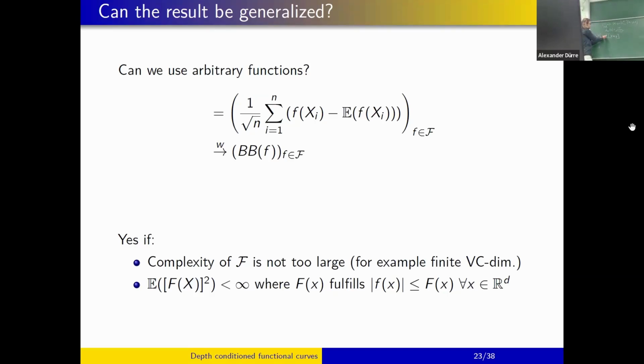And it's easy to find a function which is always larger than the indicator function restricted to I. It's just a function which is constantly 1. This is obviously always larger than this. So we can use here as the upper bound function, as envelope function, the constant 1, and this is finite. So this is fine. And then we have to make sure that the complexity is not too large.